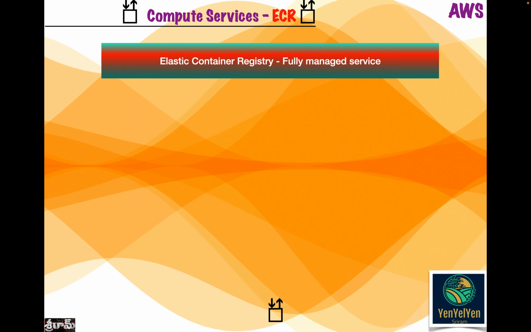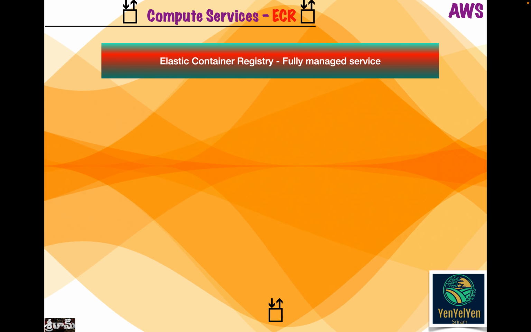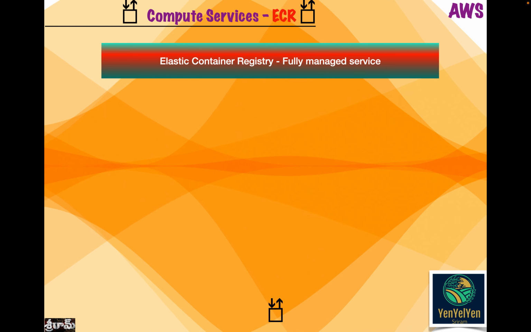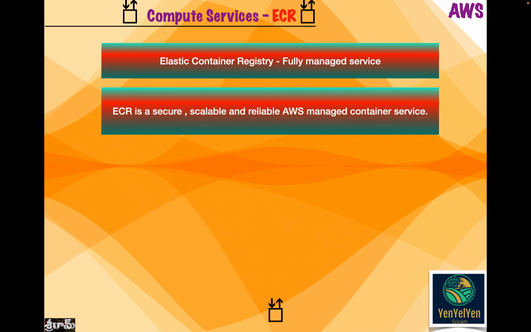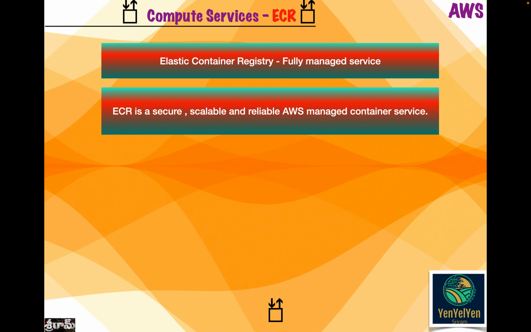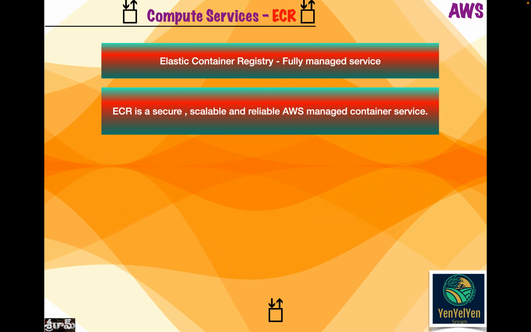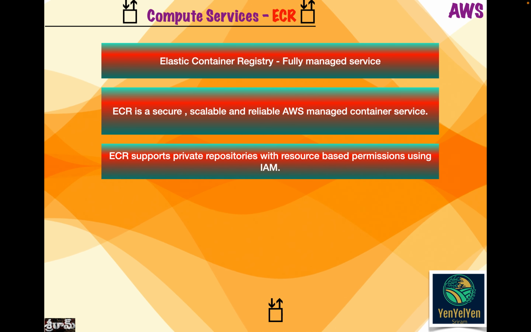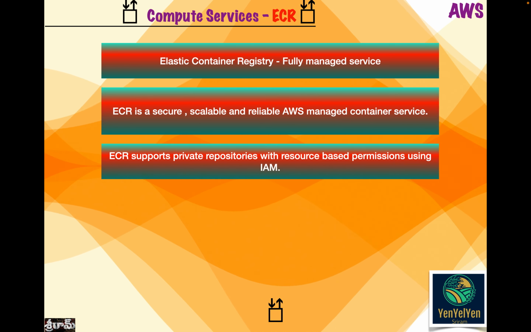ECR is a secure, scalable, and reliable AWS managed container service. ECR supports private repositories as well as public repositories with resource-based permissions using IAM. This is so that the specified users or EC2 instances can access your container repository and images.